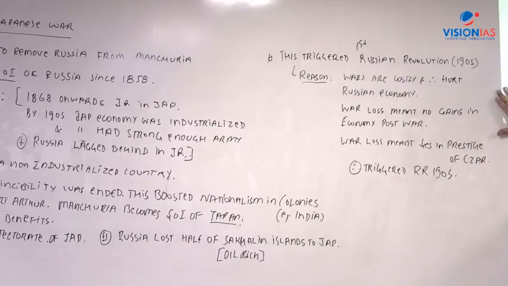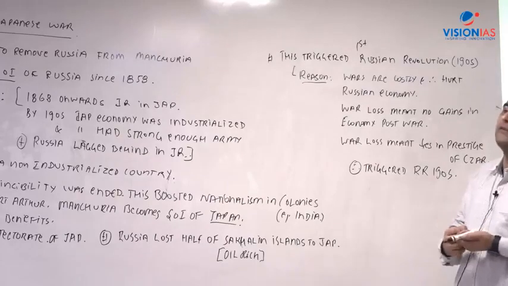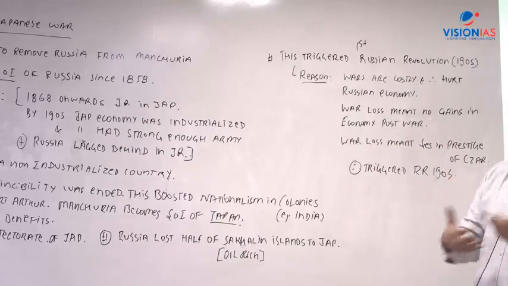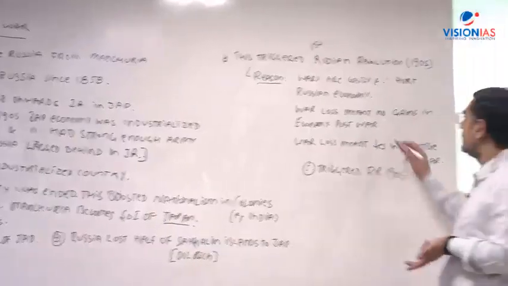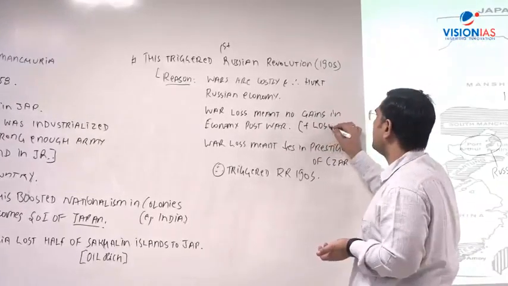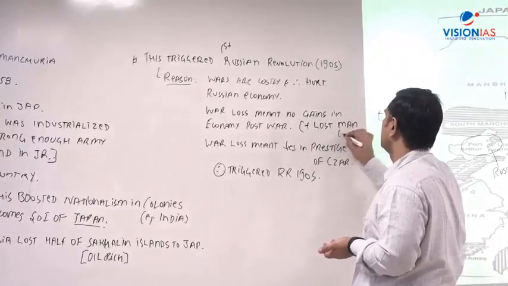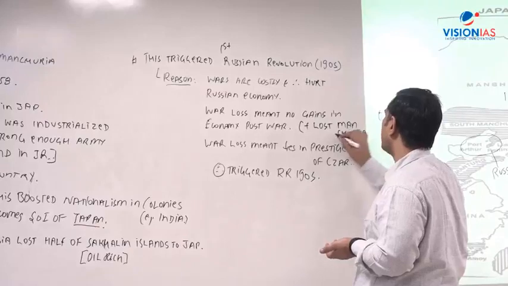War loss meant no gains in economy post war, because at times if you are able to win a war, after that if you are able to get new territory, then like Napoleon did, but in this case उससे फायदा तो हुआ नहीं, because of war loss हो गया, so basically they lost, plus they lost Manchuria also now, plus they are losing Sakhalin Islands also, right?